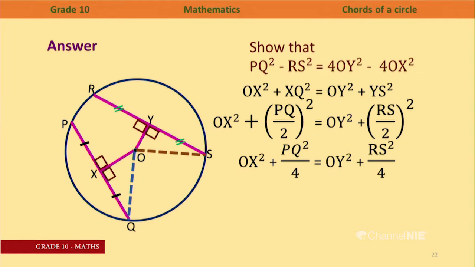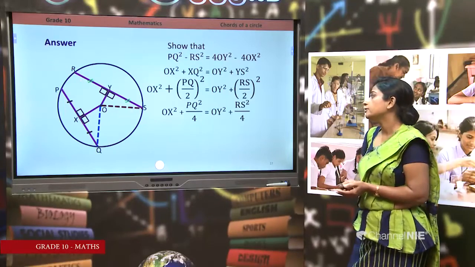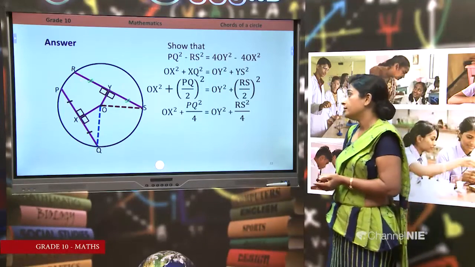This is the new relationship we got: OX squared plus PQ squared over 4 equals OY squared plus RS squared over 4.